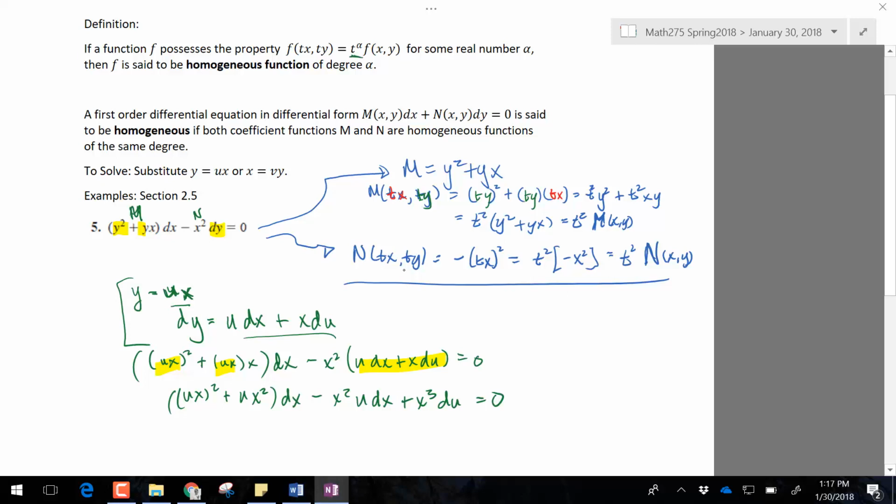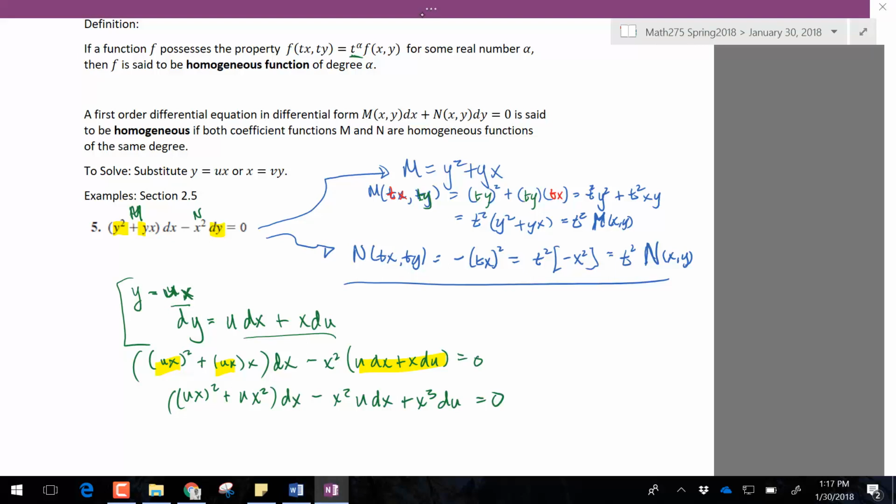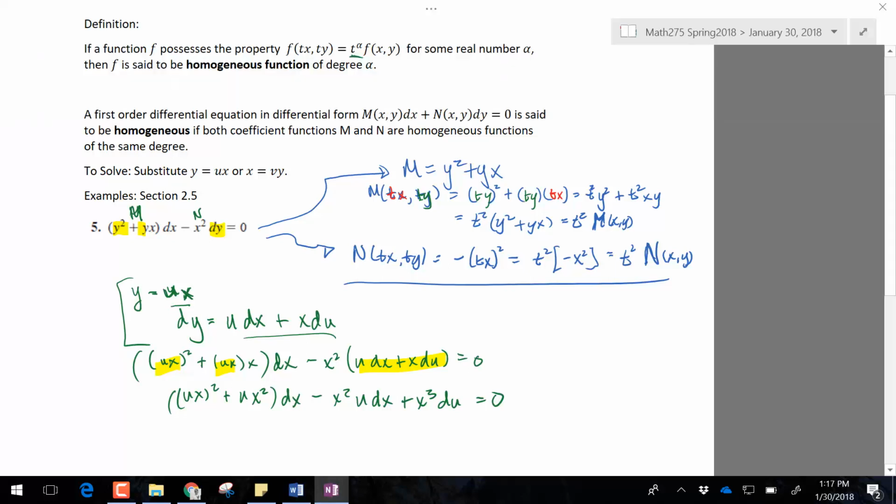And then we did the same thing for the n, and we saw that that same t, the same power, times n. So these two are homogeneous of the same degree. And then now that we've checked that they're homogeneous, this little check over here tells us both m and n are homogeneous.